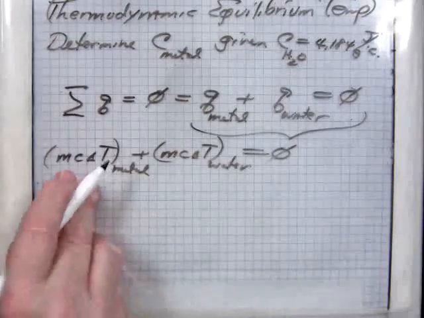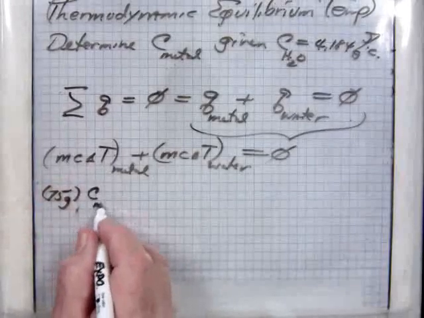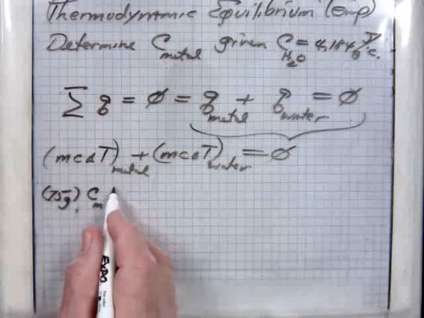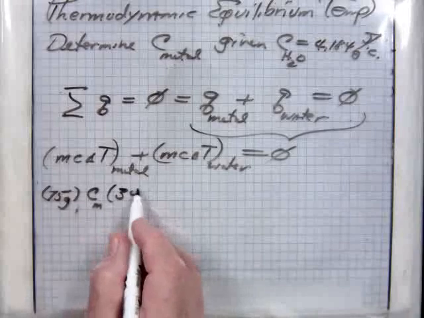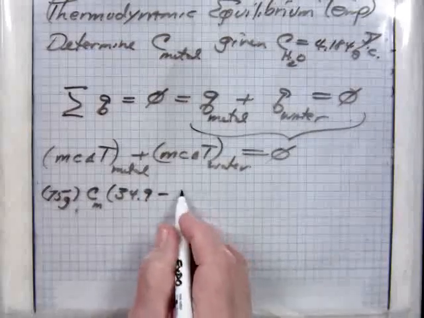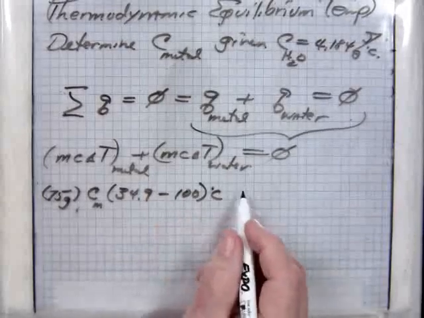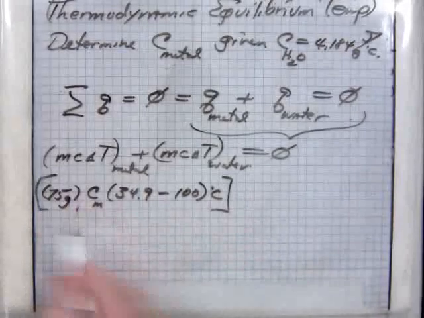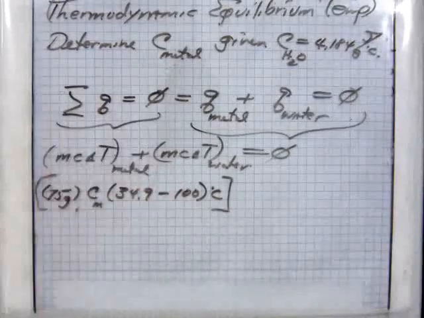The problem's objective is the specific heat of the metal, and I'll just call it C sub M. The temperature change is the final minus initial, 34.9 minus 100 degrees C, like that. Don't worry about the signage. If you're using this sum of Q equals 0, the signage will take care of itself at the end of the problem. You won't have to worry about it.